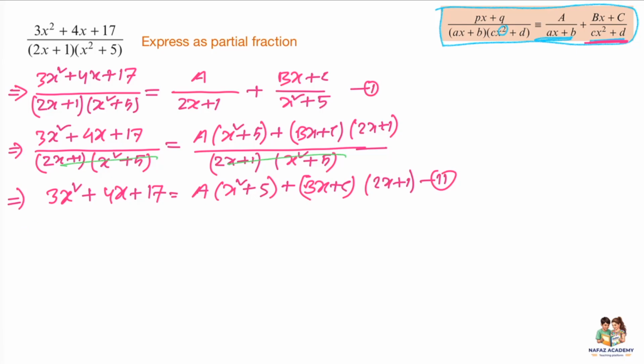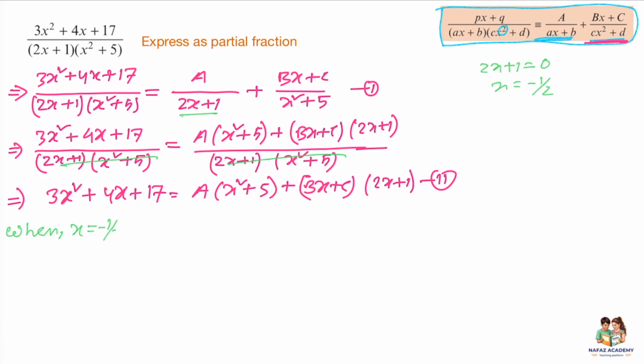Now we have to substitute the value of x. Here it is x square plus 5, 2x plus 1 equals 0. For A, 2x plus 1 equals 0, x equals minus 1 by 2.